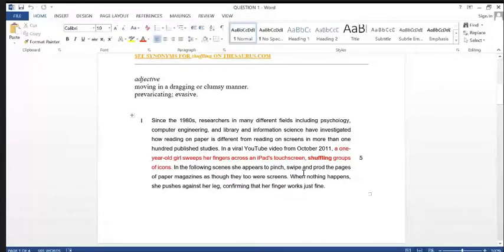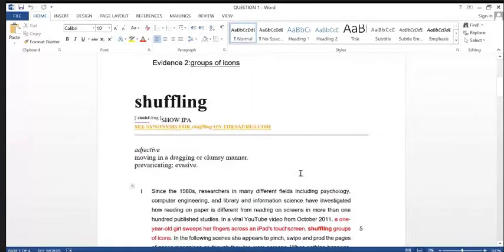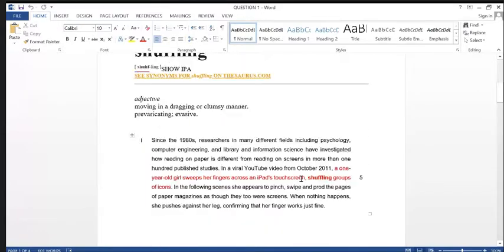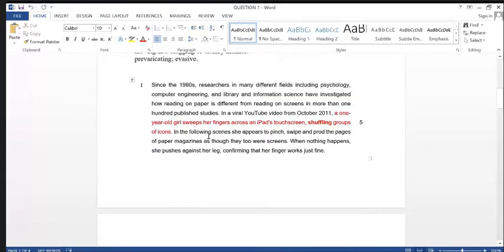The question asks you to find the meaning of the word shuffling from line 5 of the text. This is the text, and this is line 5, and you have the word shuffling here. Now, you are not to take this word shuffling and go to your Google Translate. You are not going to take this word and straight away type it in your dictionary or your synonym. That's not the first step.